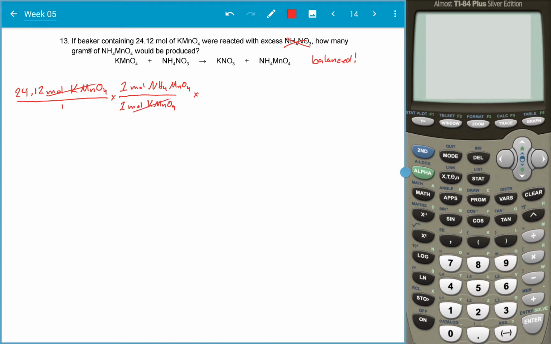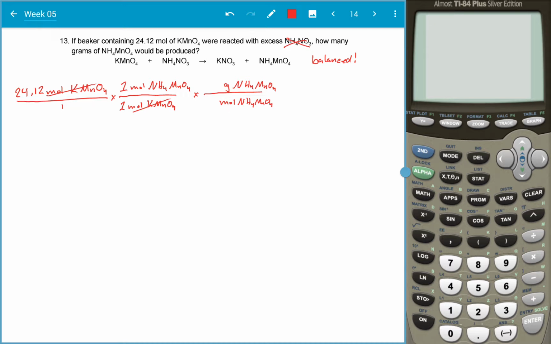but I don't want moles of the ammonium permanganate, I want grams. So I need to convert from moles of the ammonium permanganate into grams of the ammonium permanganate.